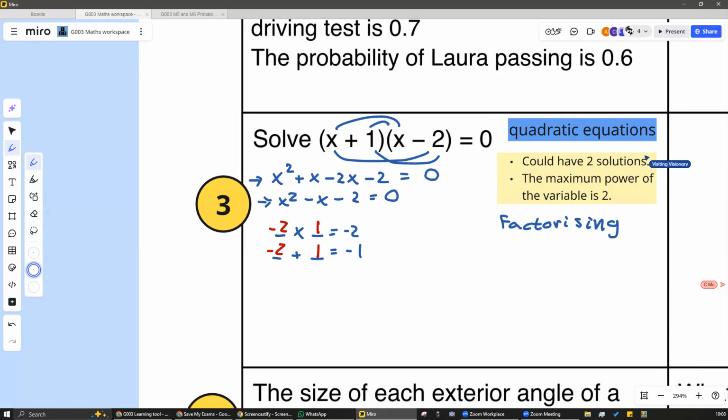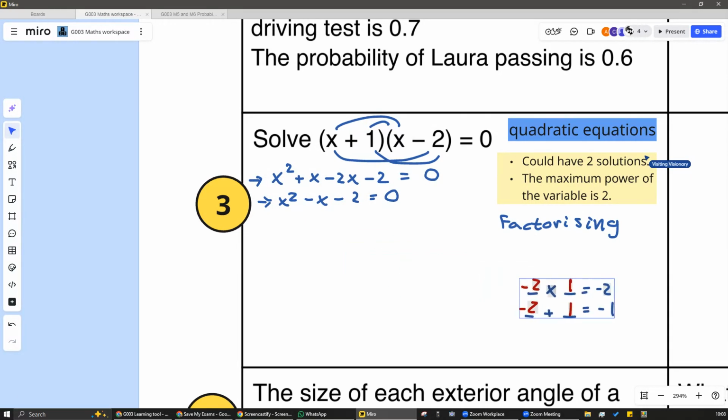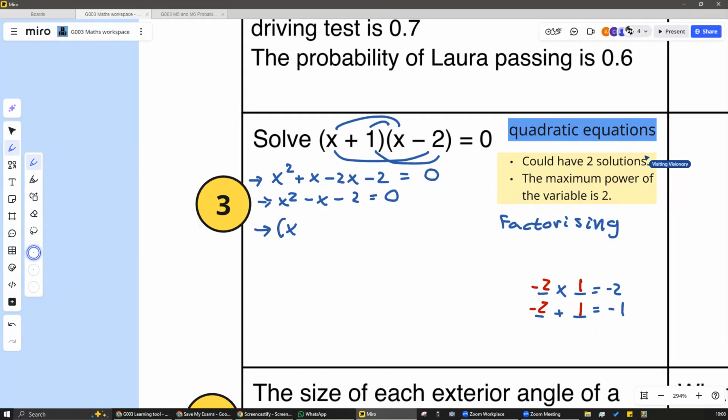And so when I factorize it, I'll move this now over to here. When I factorize it, I end up with x and then the minus 2. We can probably see now that the minus 2 is this one up here, and the 1 is that one there.